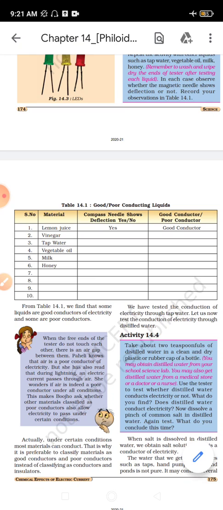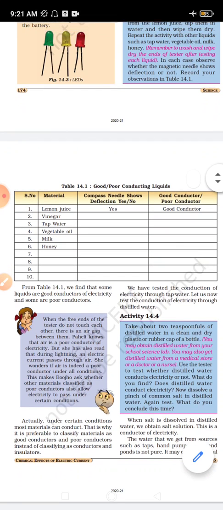The materials which allow the current to pass through them are known as conductors. They are good conductors because the current is flowing through them without much loss.